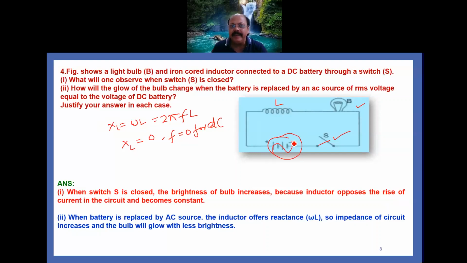When the battery is replaced by the AC source, the inductor offers reactance, because in that case F is not 0. In case of AC there is some finite value of frequency; if we talk about India, then it is 50 hertz.